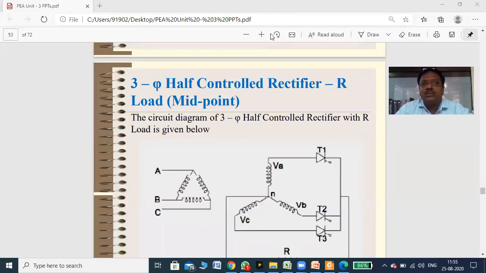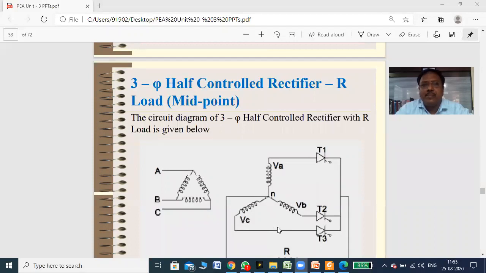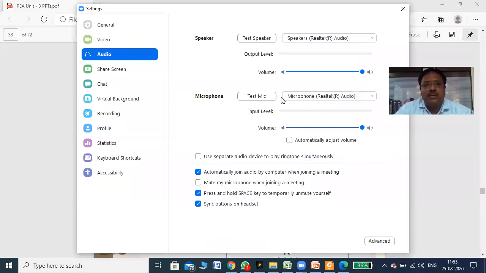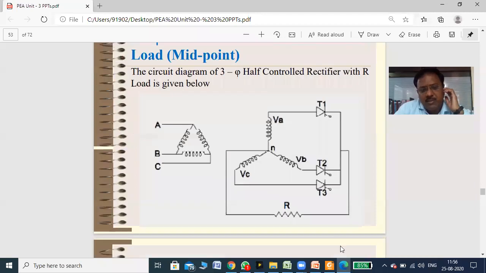Am I audible, everyone? Yes, sir. Okay, it's a clear sound, or maybe it is required to increase the sound level further. Shall we continue? Yes. Okay.